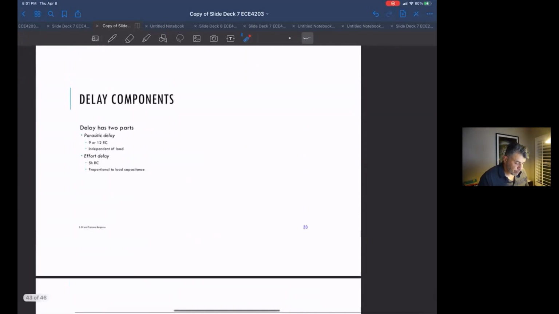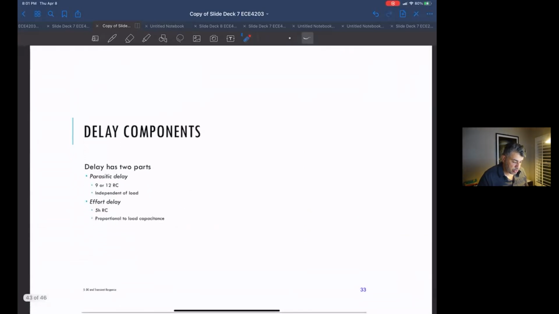Now, the delay, you can divide this into two components. There is what's so-called the parasitic delay. That means if I had a 3-input NAND gate not driving anything, it would have a delay through it, with no load.